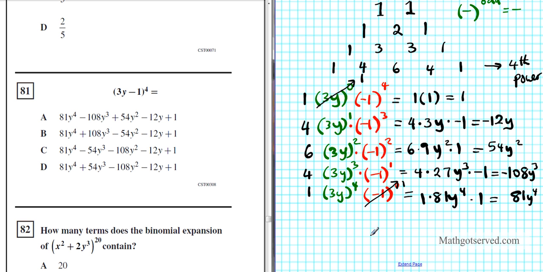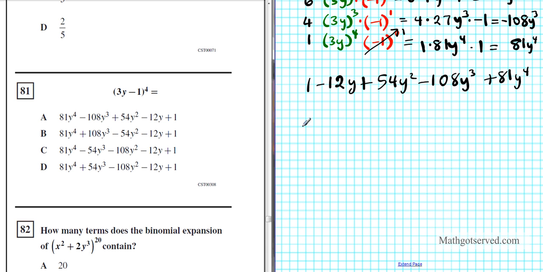Okay? Alright, so if you just add these down, that will be our final answer. So our final answer is going to be 1 minus 12y plus 54y to the second minus 108y to the third plus 81y to the fourth. If you want to write this in standard form, the biggest degree has to come first, so it's going to be 81y to the fourth minus 108y to the third plus 54y squared minus 12y plus 1.